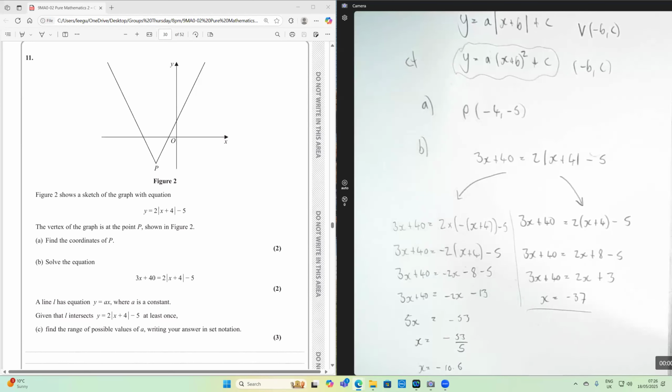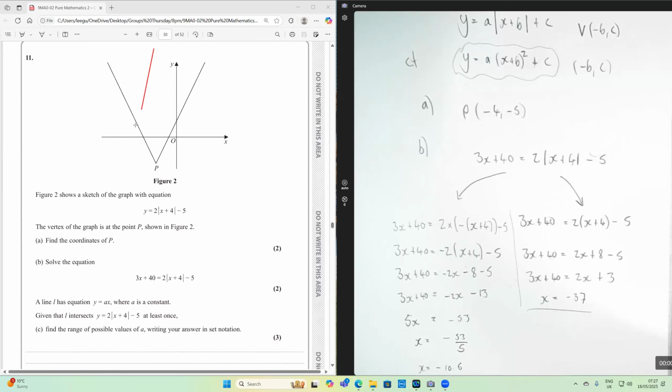Now we've got to think about, can we actually have both of those solutions or not? I think if we were to represent the line y equals 3x add 40 on our sketch, let's just do that now. So if I was to annotate here and represent it on the sketch, I'm just drawing a line that roughly represents our 3x add 40.